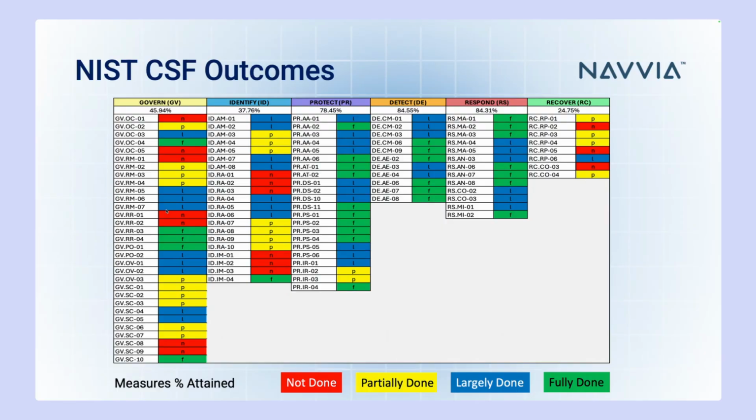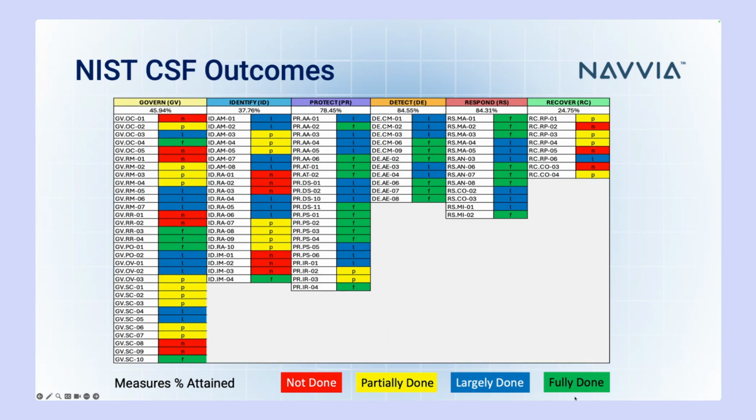In this example, you can see Govern and all of the categories, OC, RM, RR, PO, OV, all the way down to SC, supplier. Overall, based on the responses, we have about a 45 to 46% attainment. That's measured through people responding to questionnaires: not done, partially done, largely done, fully done.